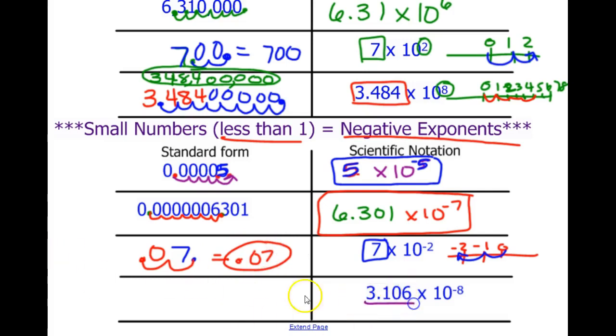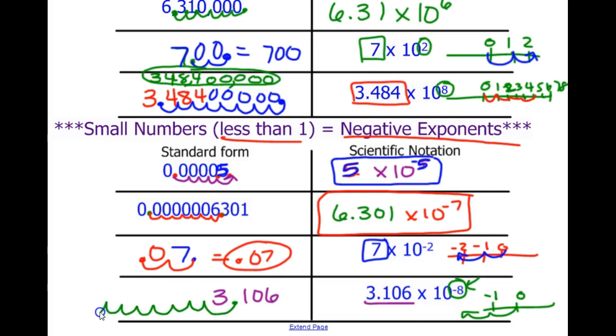Last one, start off by just writing what you have. 3.106. And our exponent tells us how many times to move our decimal point and in which direction. Negative numbers are to the left, so we're going to go to the left 8 times. So from here, 1, 2, 3, 4, 5, 6, 7, 8.